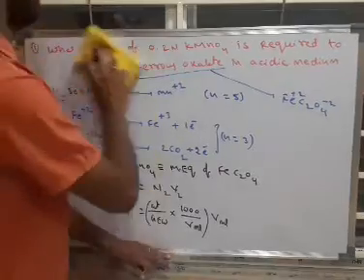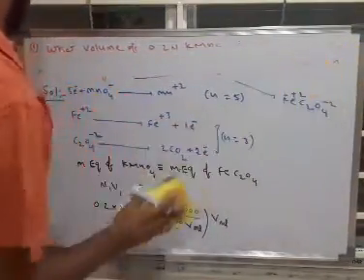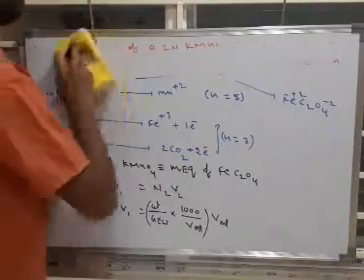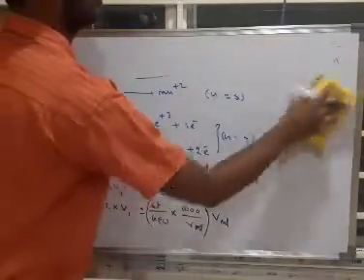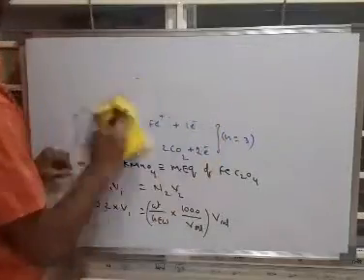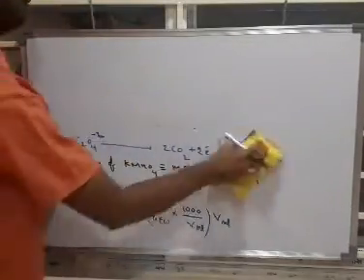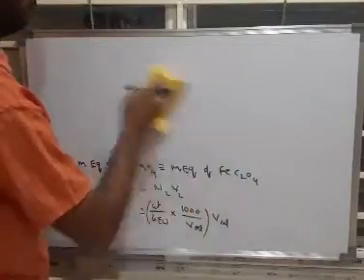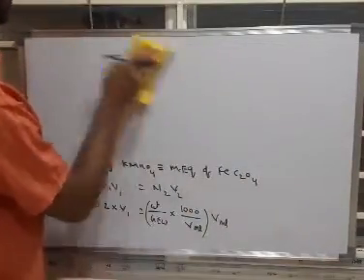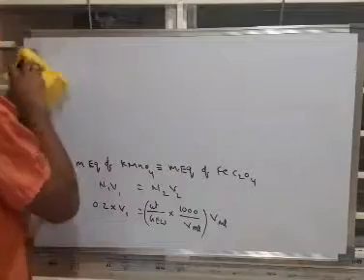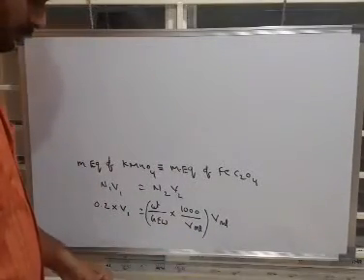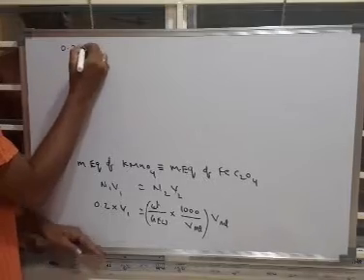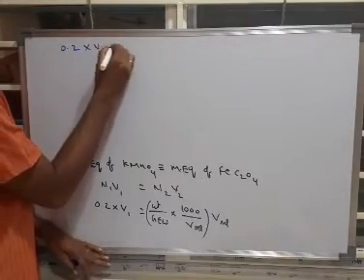So substitute the values. We have 0.2 into its volume.